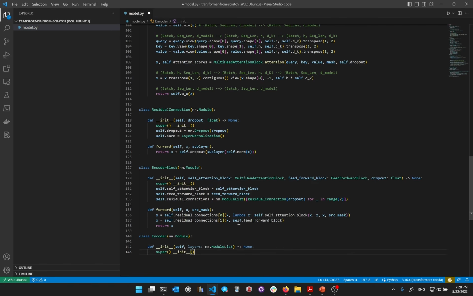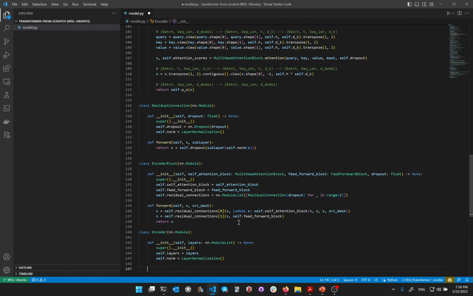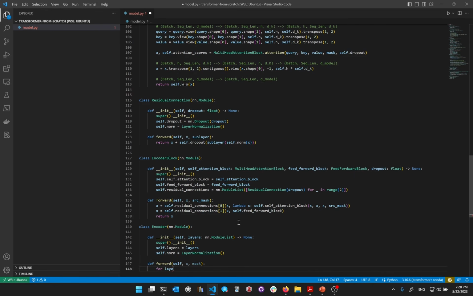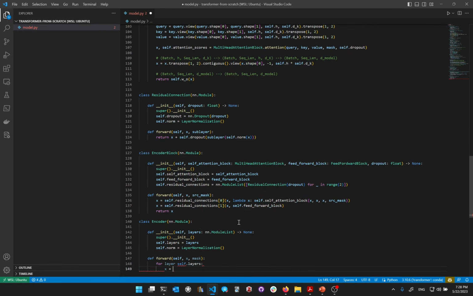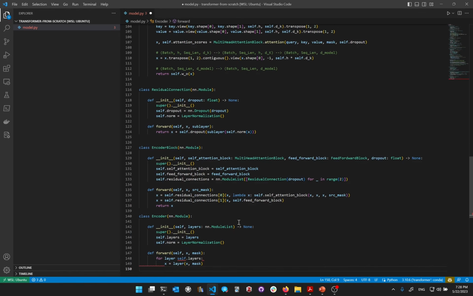So this is a module list, and at the end we will apply a layer normalization. So we apply one layer after another. The output of the previous layer becomes the input for the next layer.